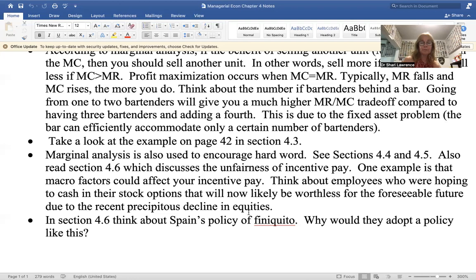Of course, these policymakers in Spain and in Mexico too, when they thought up these policies, didn't think about the fact that people are going to behave based on incentives.